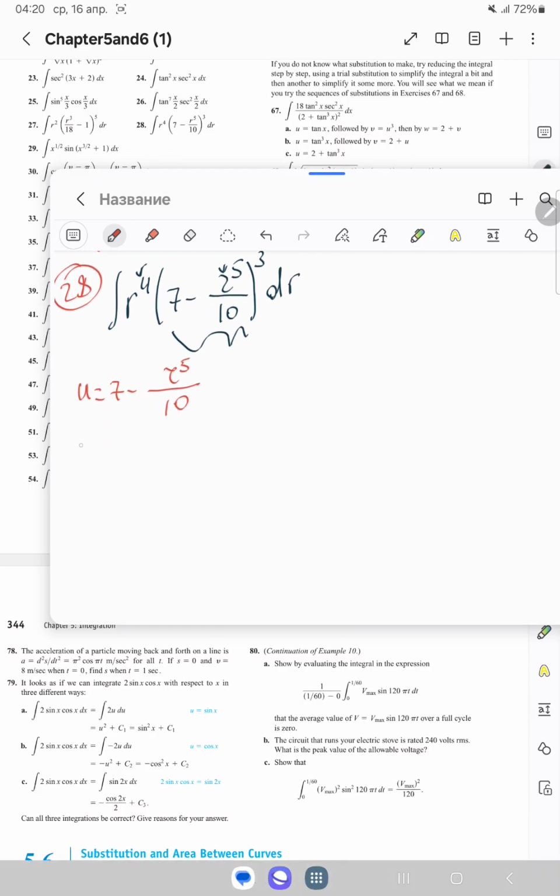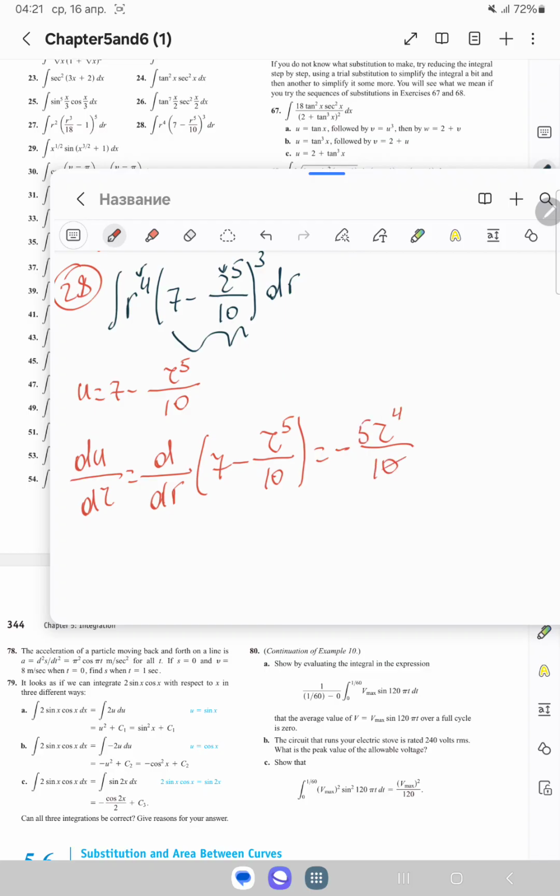We take the derivative of both sides, d over dr of 7 minus r to the power of 5 over 10 equals: the derivative of 7 is 0, minus 5r to the 4 over 10, which is minus r to the 4 over 2.